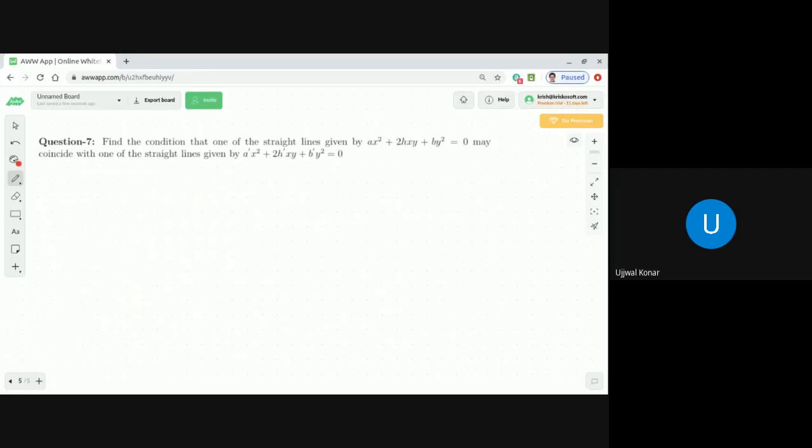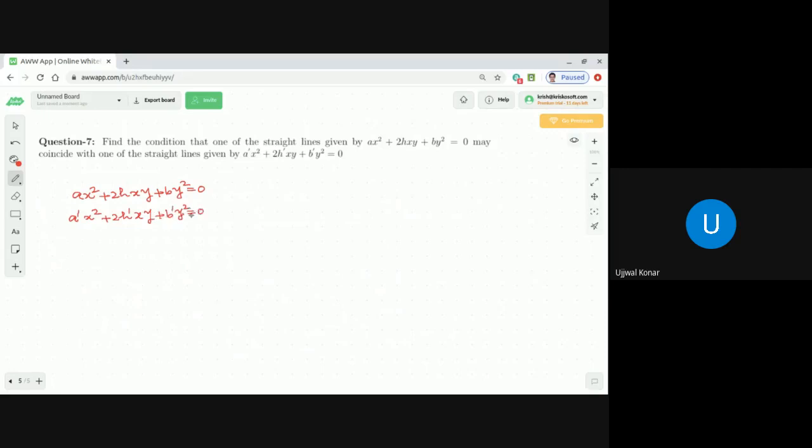Now, what does this mean? There are two pairs of straight lines. One is ax square plus 2hxy plus by square equal to 0, and another one is a dash x square plus 2h dash xy plus b dash y square equal to 0.